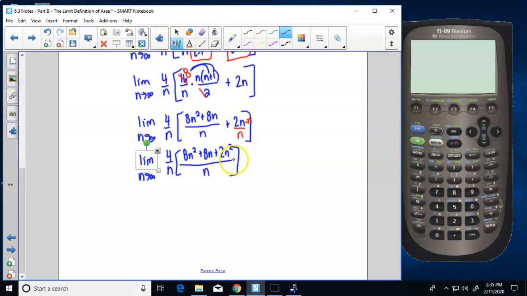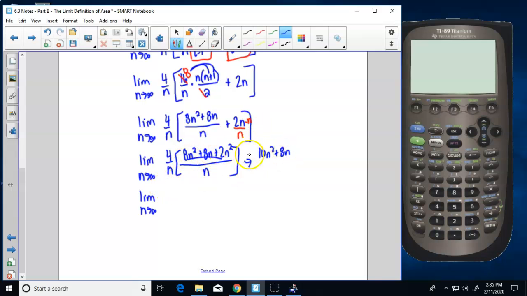And so if we distribute here, we get, oh no, let's see, right here, we'd have 10n squared plus 8n, that would be that part right there.